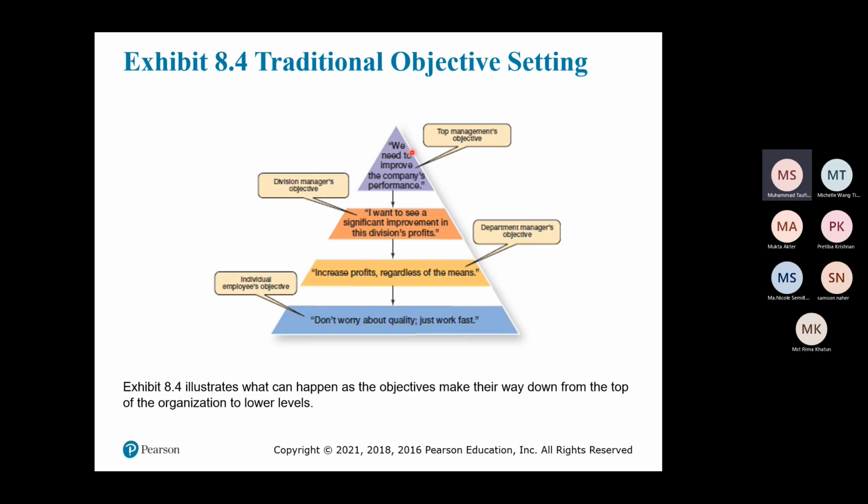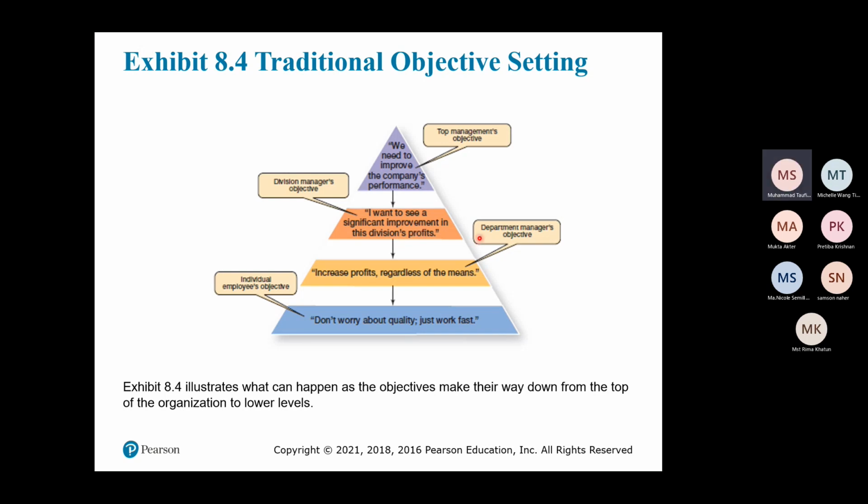The strategic goal is usually very flexible, not specific, so it depends on the middle level manager to interpret the goal. Here the division manager interprets that the company performance top management wants is about the profit of the division.